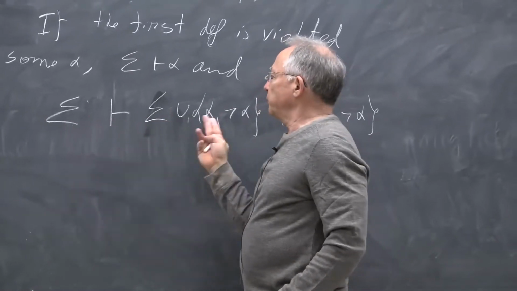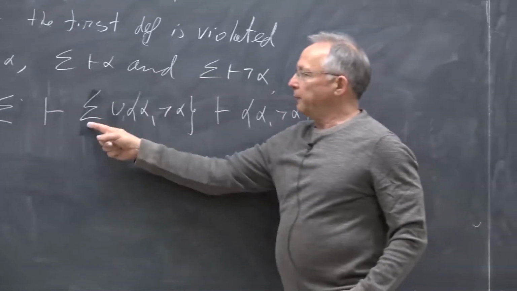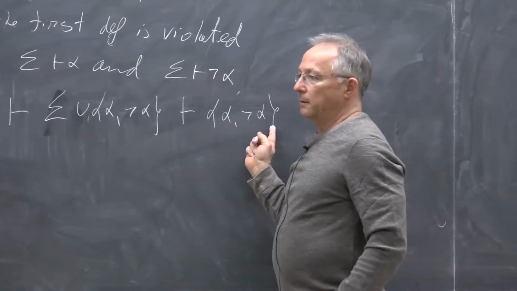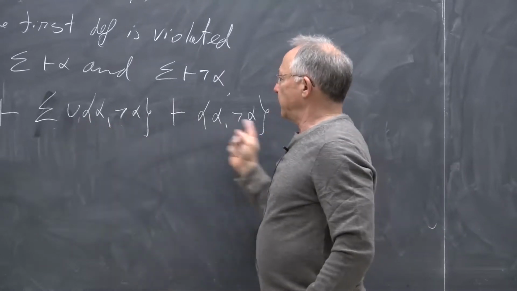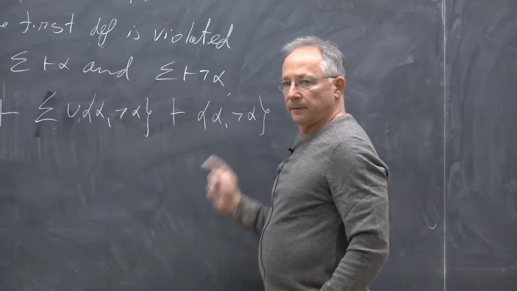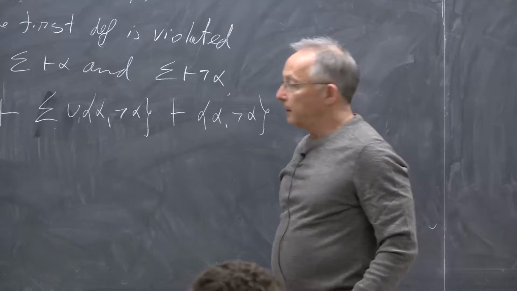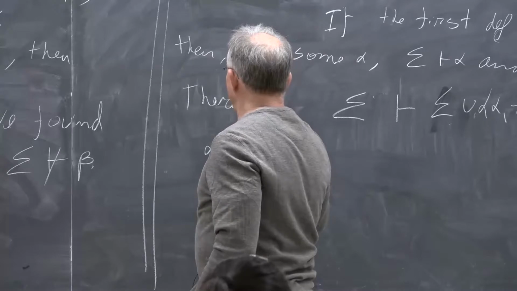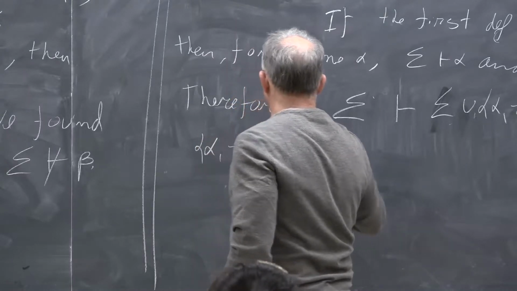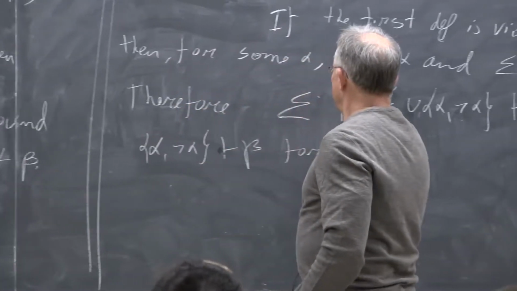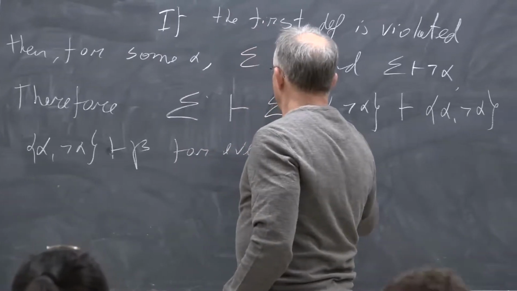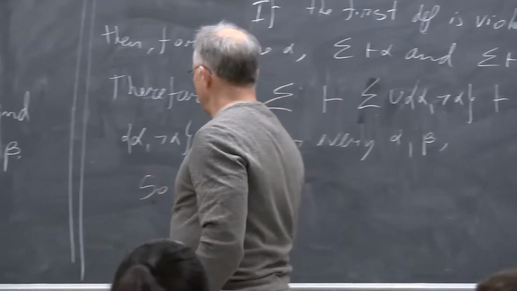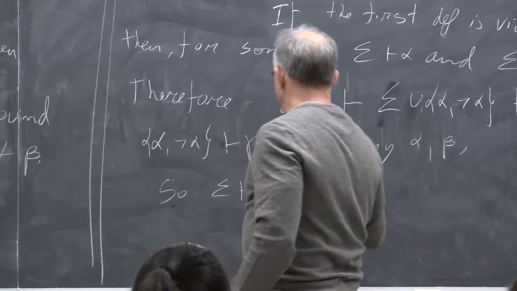We assume that it can prove both alpha and not alpha, so it can prove everything in this set. This is a subset. But we have already seen that alpha, not alpha proves beta for every alpha and beta. So sigma proves beta for every beta.